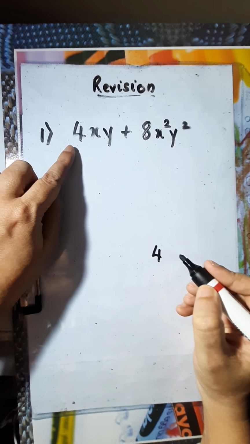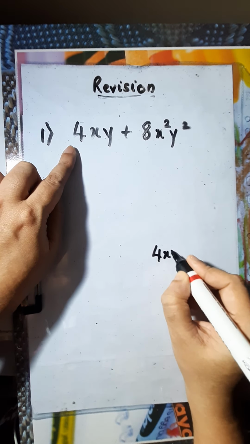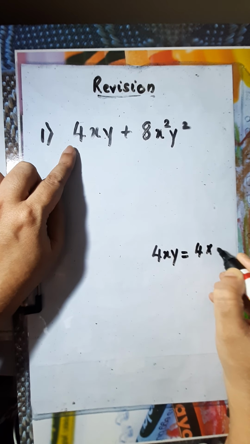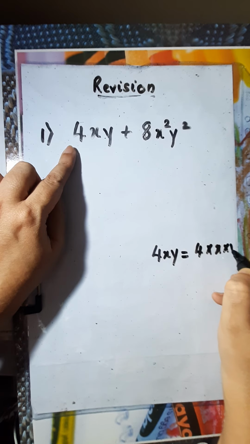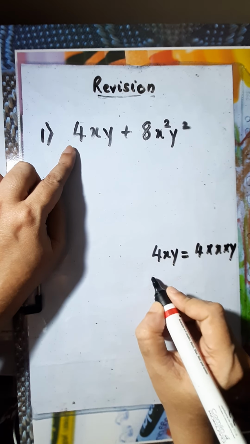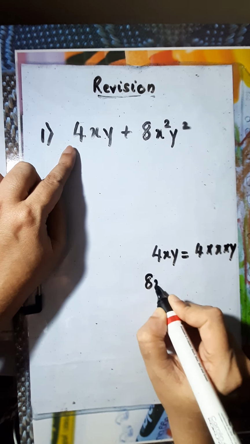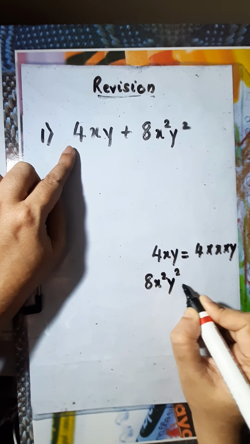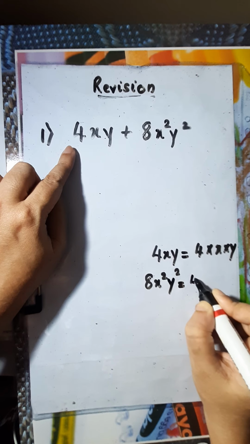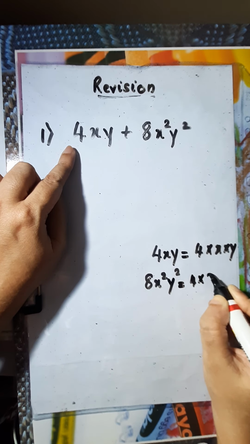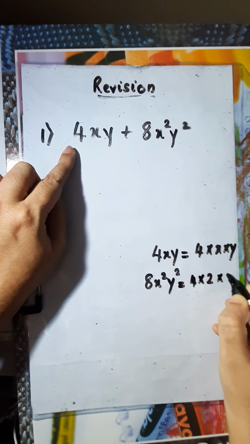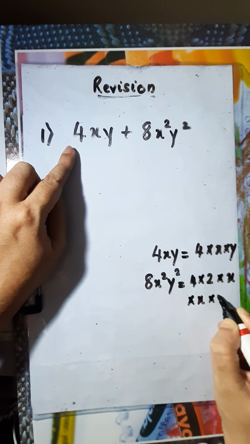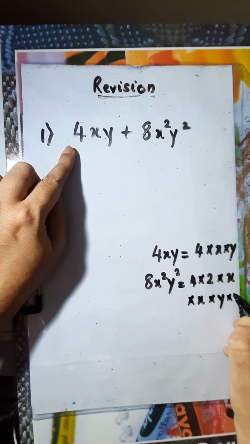First I have my 4xy, which I can write as 4 multiplied by x into y. Now the next is my 8x square y square. I'll write it as 4 into 2 into x into x into y into y.